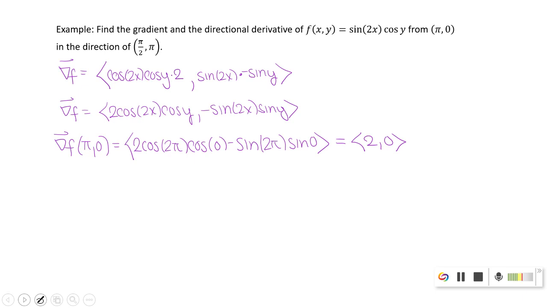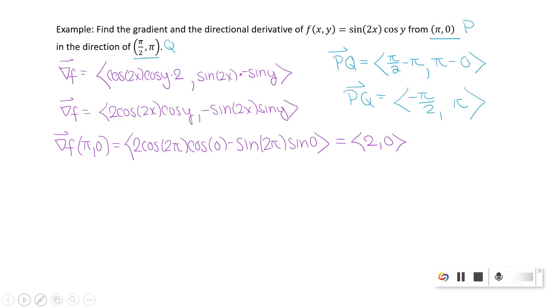The point that we're interested in is this point (pi, 0), and so I can find my gradient at the point (pi, 0) by plugging pi in for x and putting 0 in for y. I'm going to go ahead and do that arithmetic, and this simplified all the way down to the vector (2, 0). Okay, so the partial derivative with respect to x is 2, with respect to y is 0.